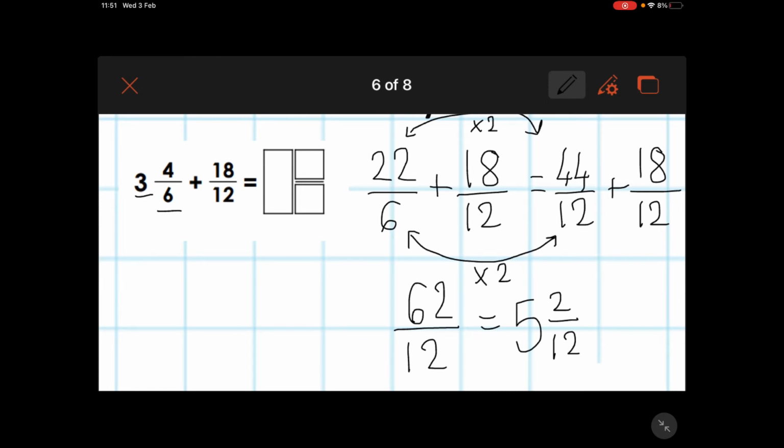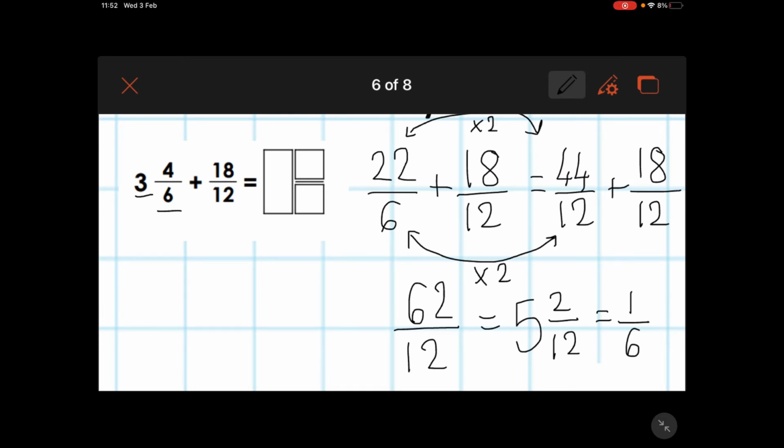Now if I look at my fractional part of the answer, 2 12s, they are both even numbers, and I know I can simplify them by dividing them both by 2. 2 divided by 2 is 1, and 12 divided by 2 is 6.